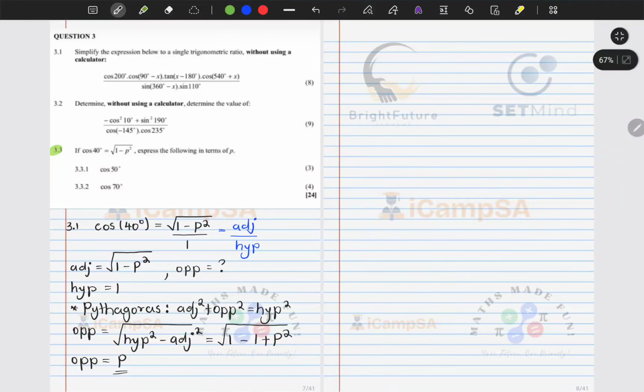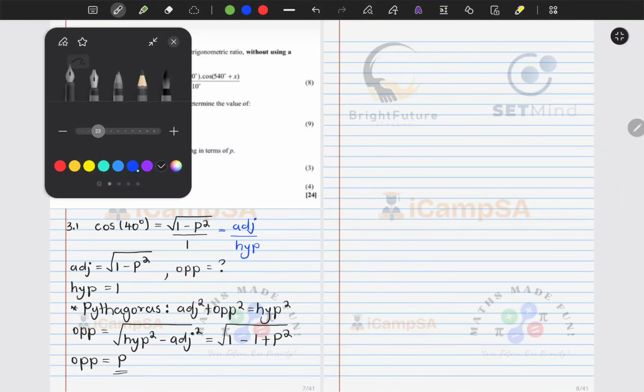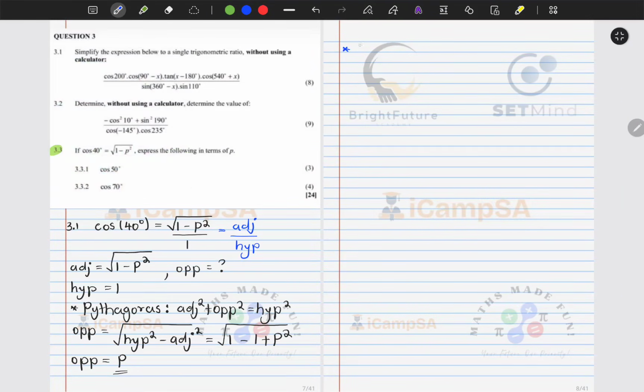Okay, now if we quickly draw a triangle, which is very important for you to always draw, so you should make a note that you should always draw your triangle. So let's quickly draw our triangle. So our triangle is going to be something like this. Let's give it a shot. So we are going to have a triangle like that, and we are going to have a 90 degrees angle.